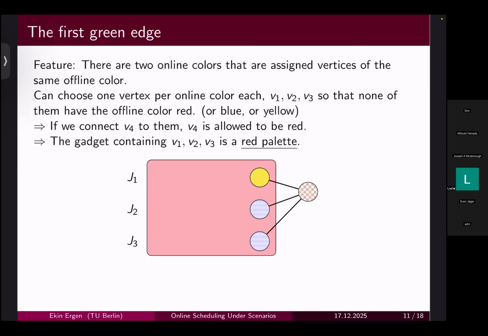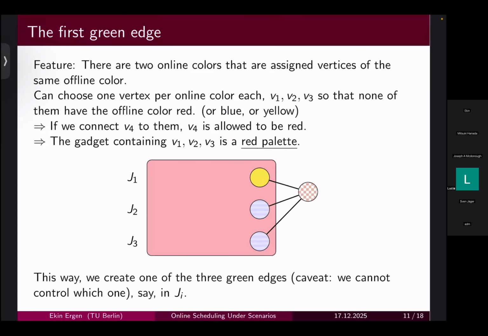Why? Because if I add a vertex and connect it to this system of representatives that I can always find, I am still allowed to color my new vertex red. So the gadget helps me color the vertex red. And now we don't know, of course, which online color the algorithm assigns this red vertex.